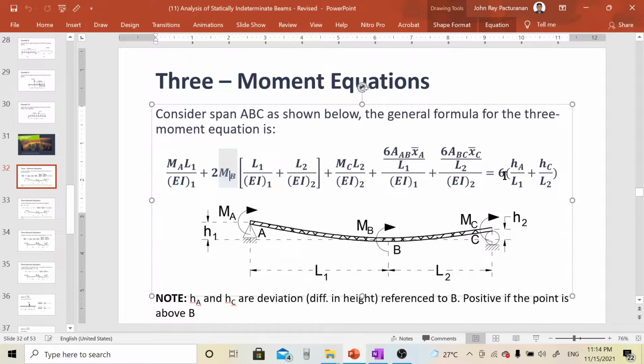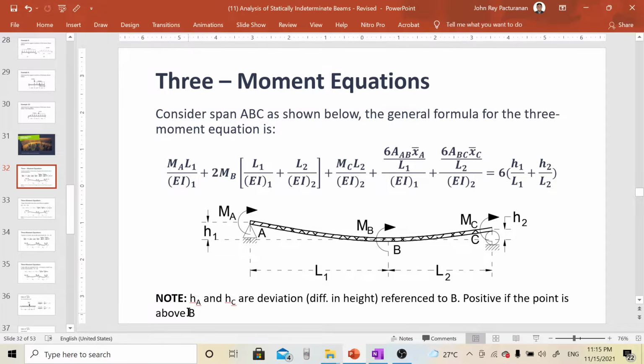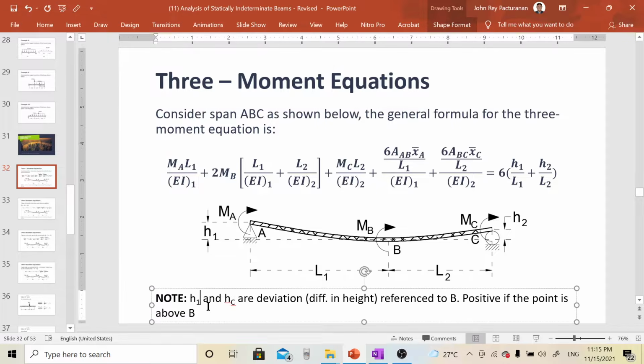So that is equal to 6, the quantity H_A over L1. So, I mean, ang H_A dyan, itong H1. Okay? I just have a typographical error. So, H_A is simply, siguro tawagin na lang natin siyang H1. Then, ito, H2. And here, H1 and H2, they are both positive, no?